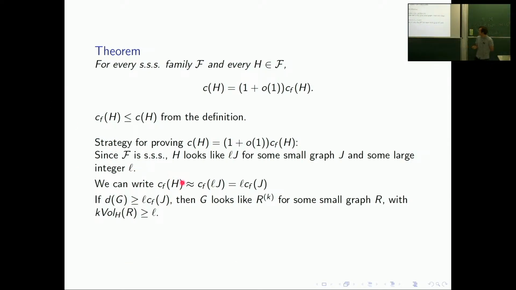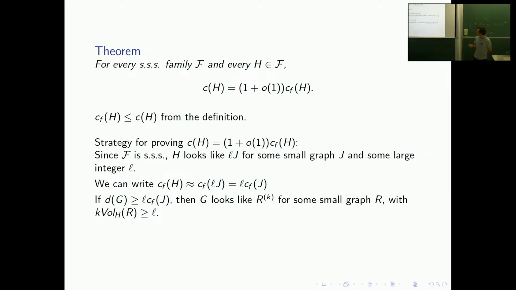Okay, so now if we have some graph whose density is at least this value here, then in particular, the number of vertices should also be at least this number here, which means that G is quite large. And if G is quite large, then it kind of looks like a blow-up of a smaller graph. So this is basically the regularity lemma.